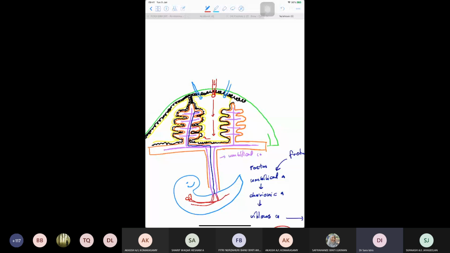But it depends on the type of twins. Because certain twins share a single placenta, while other twins have their own placenta. If they have their own placenta, then you have the same kind of formation, it's just two times two.